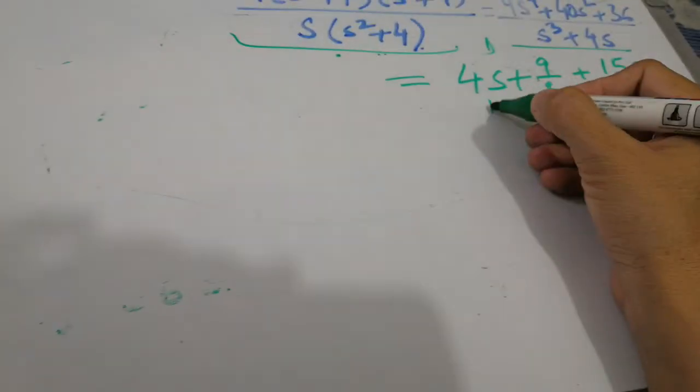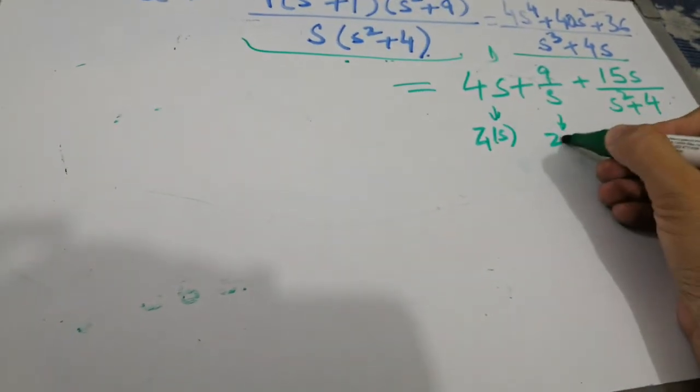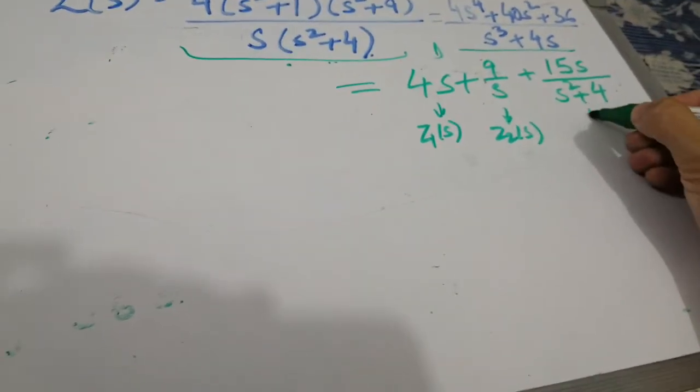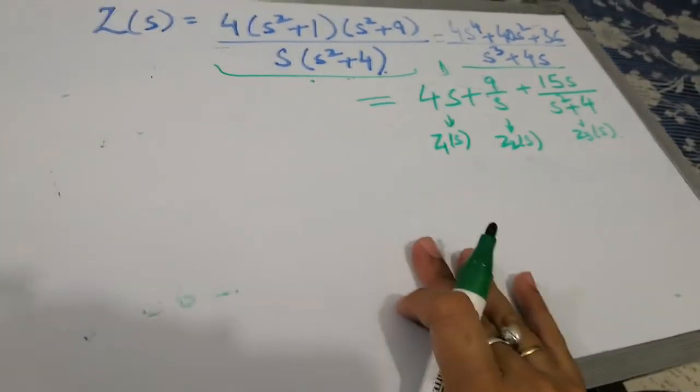Now this is directly Z1(s), this is Z2(s), and this is my Z3(s), right?